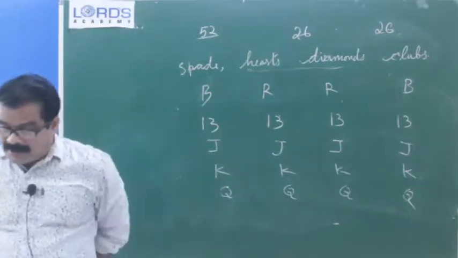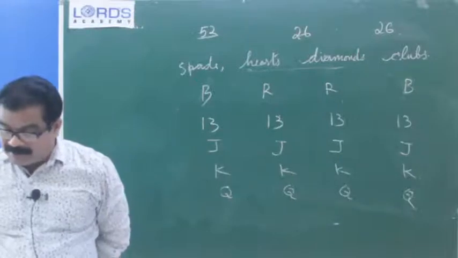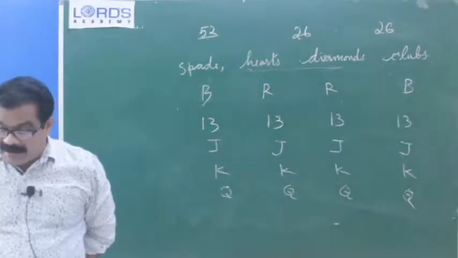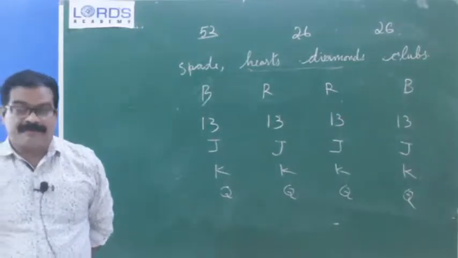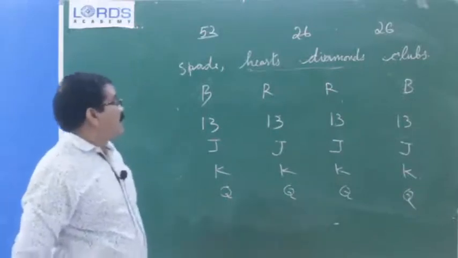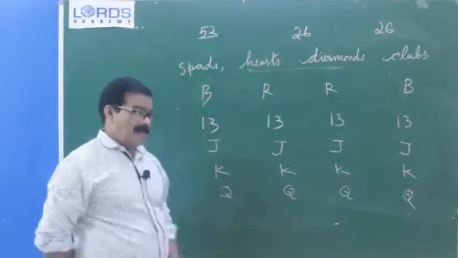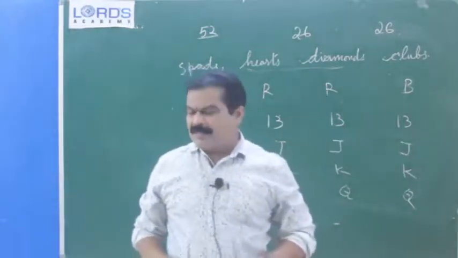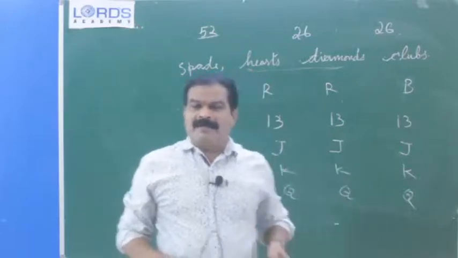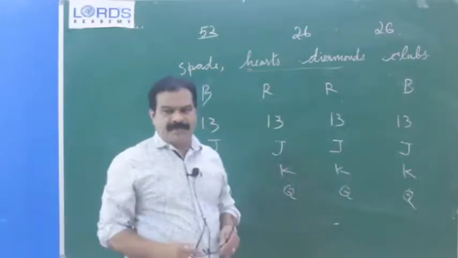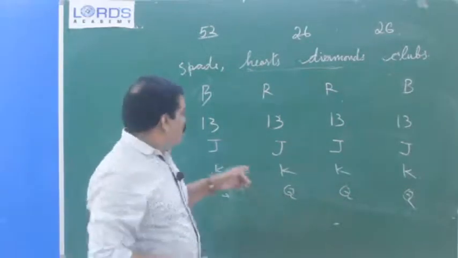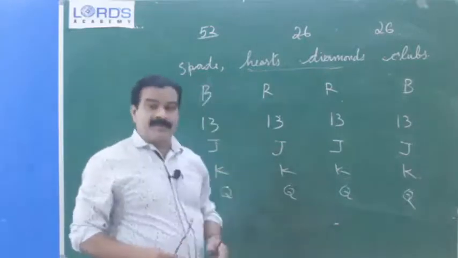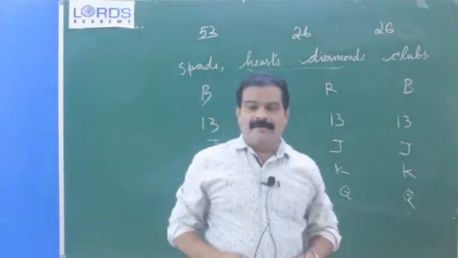A card is drawn from a well shuffled pack of 52 cards. Find the probability that the card drawn is a spade. Can anyone tell me, regarding this question, what is the favorable case for the probability of getting a spade?